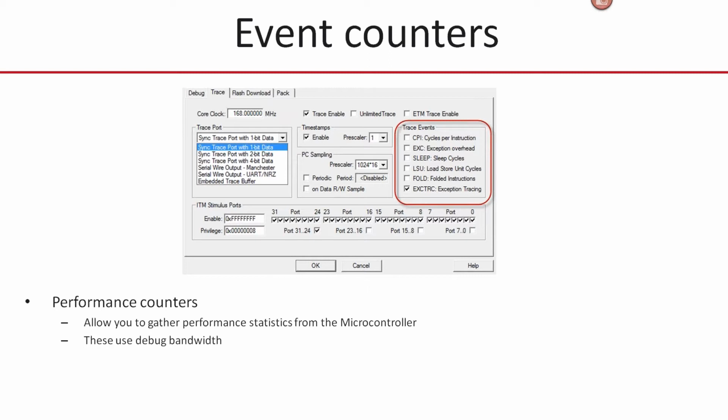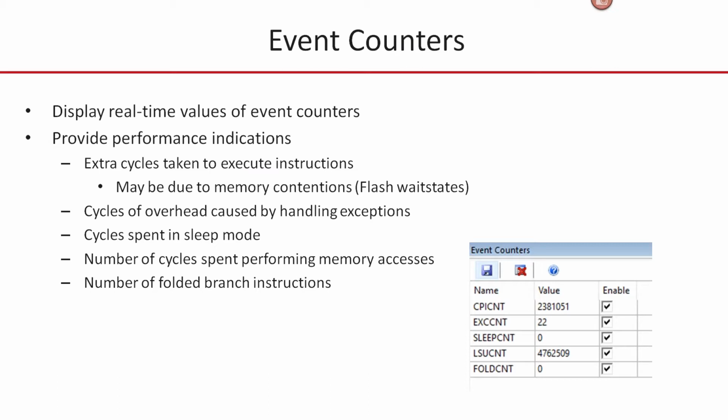So this effectively takes part of the debug bandwidth, so it can collide with the instrumentation trace information and you can miss some of the ITM packets. So normally you want to have these disabled and only enable them if you're using them for benchmarking, for example. But these counters give you some low-level information about the execution of code on the processor.